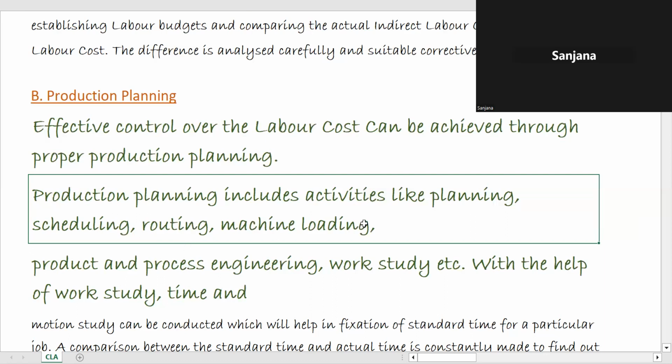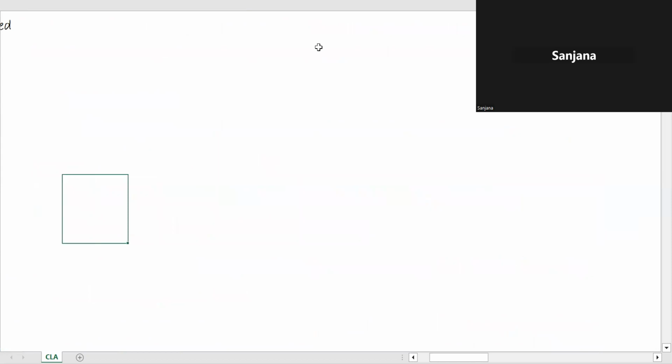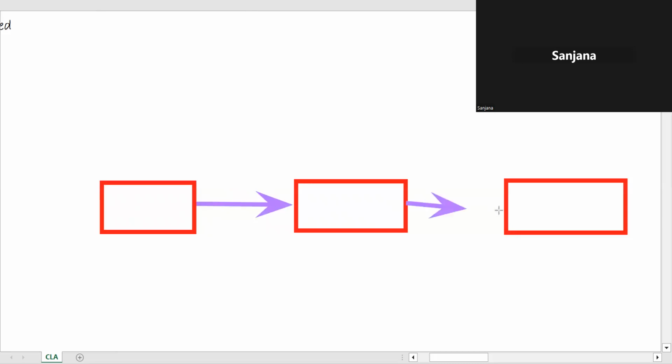Machine loading is just to make sure that all machines are evenly loaded. When one production is done through 3 or 4 machines, there should be no bottleneck. Say this is machine 1, machine 2 and machine 3. I'm explaining what loading is.